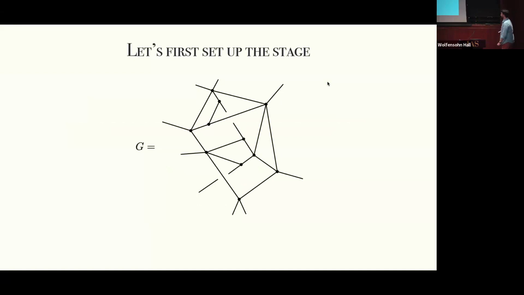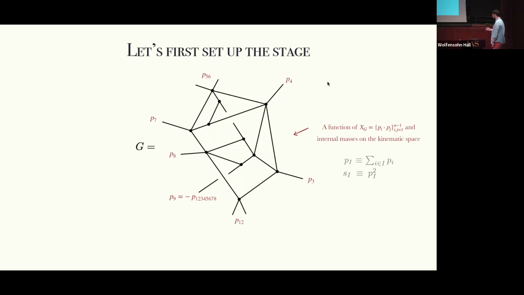So let me first set up the stage by considering arbitrarily complicated Feynman diagrams that can have many massive loops, many external legs. It can be non-planar, planar, it doesn't matter. Suppose that you're strong enough to actually evaluate the integrals associated to this diagram.